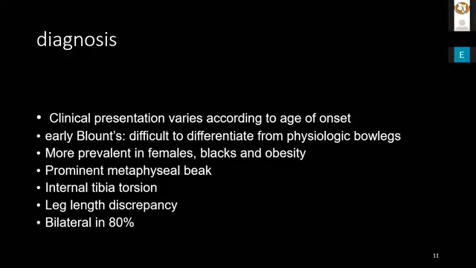That brings us to how do we make the diagnosis. First, the diagnosis can be clinical as well as radiological. We should appreciate that Blount's disease is very difficult to distinguish from physiological bowing.